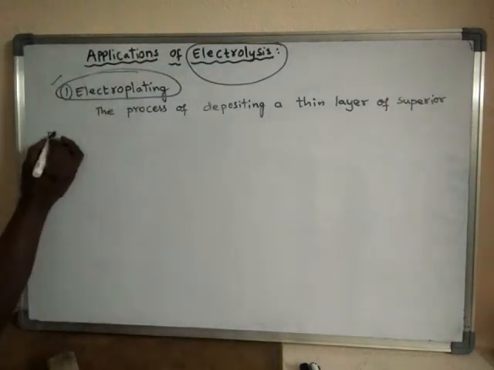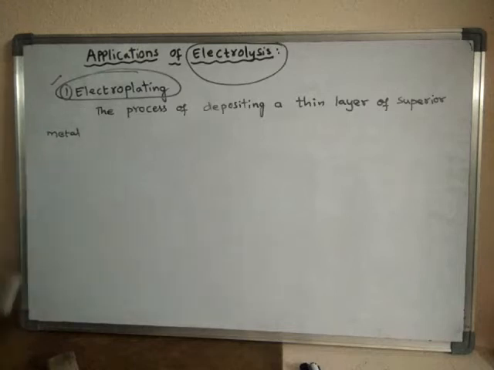What is the meaning of superior metal? Metals like gold, silver, nickel, chromium, etc. These are costly metals. Only a very thin layer of these costly metals is deposited on base metals, cheap metals, inferior metals like iron and copper.